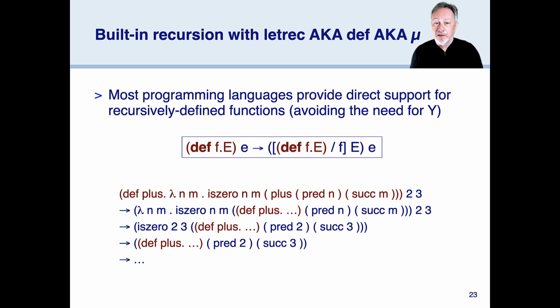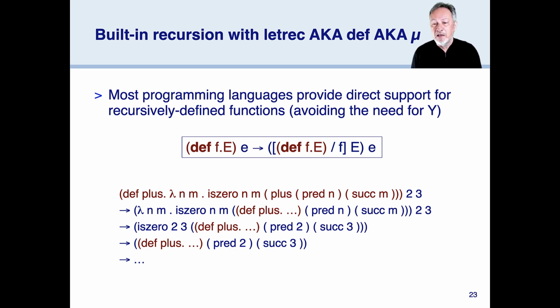Def is combining the lambda abstraction, what we did before, and the Y Combinator. Now it's a built-in. The definition of plus is lambda n m dot is0 n m. Here we're using plus recursively, applied to the predecessor of n and the successor of m.